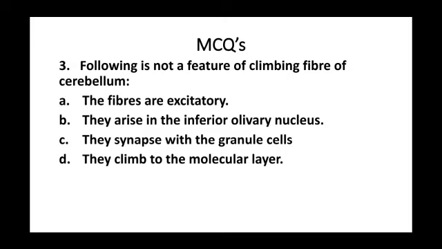Next MCQ. Which of the following is not a feature of climbing fibers of the cerebellum? A. The fibers are excitatory. B. They arise from the inferior olivary nucleus. C. They synapse with the granular cells. And D. They climb to the molecular layer.